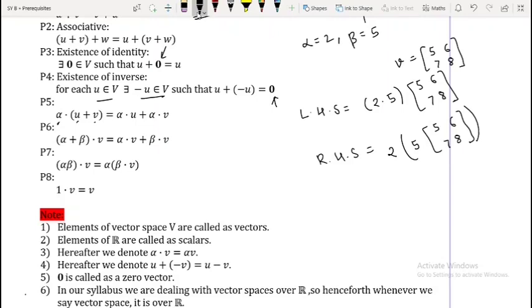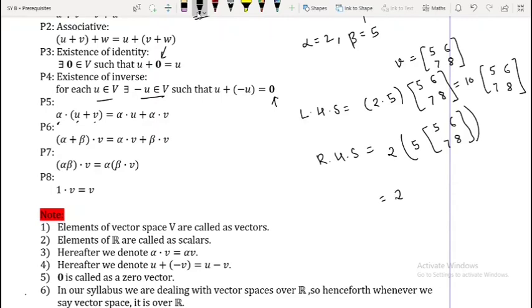But note, while doing the calculations here you are going to take the product of 2 multiplied by 5 first, which will be, if I simplify it further, 10 multiplied by 5, 6, 7, 8. And over here first of all you are going to solve this bracket.